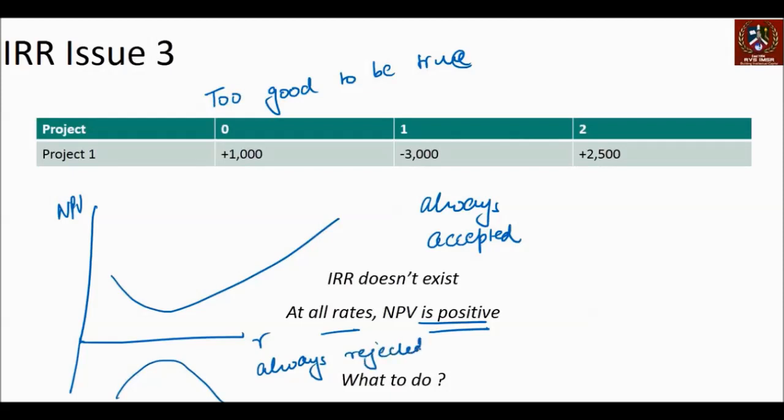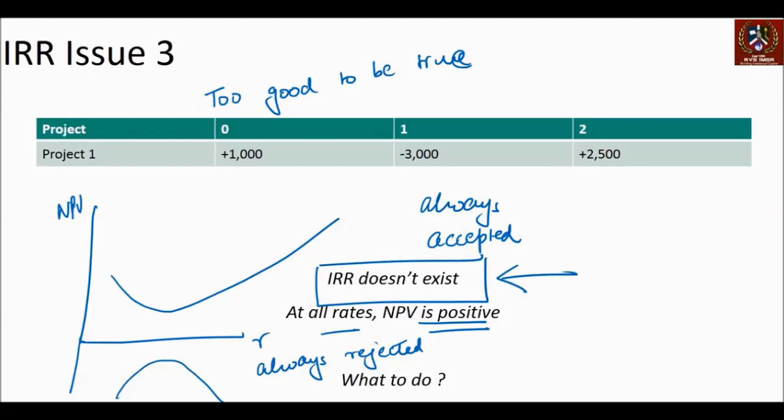There's no way you can make money on such a project, right? So in those cases, you have to reject projects that are going to be NPV negative at all points. So in certain kinds of projects, you find that the issue with the IRR rule is that the IRR doesn't exist, right? And that creates a bit of a problem if you were using the IRR rule to find out which project should be accepted.